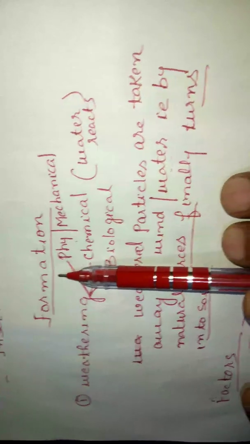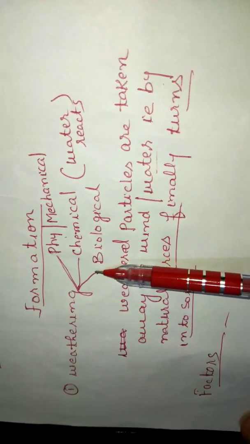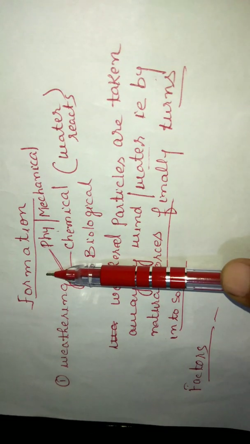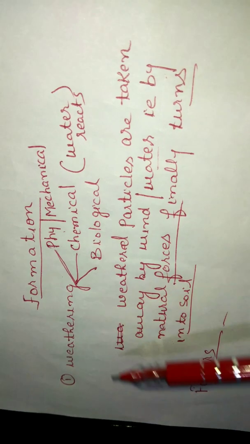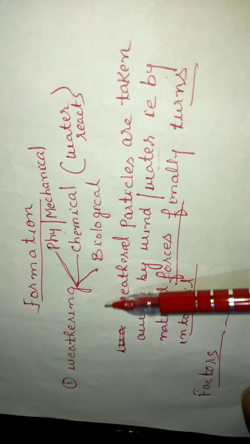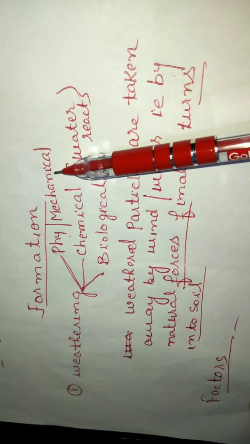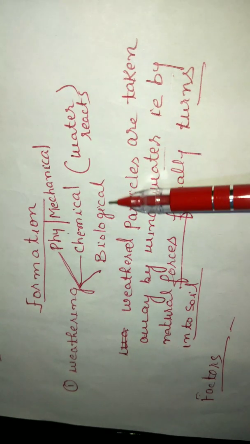Now let us talk about formation of soil. Now, soil is formed due to weathering of rocks. Weathering of rocks is of three types: physical or mechanical weathering, chemical weathering, and biological weathering.